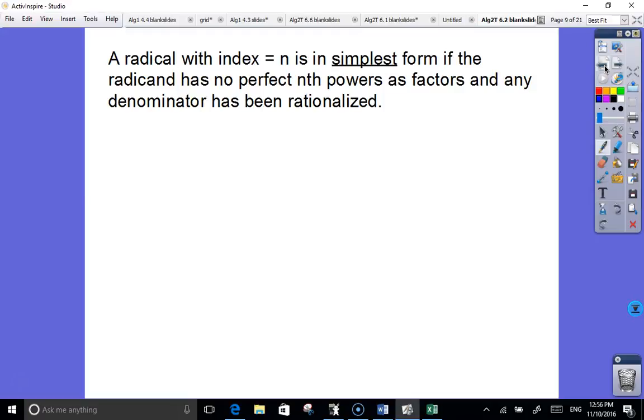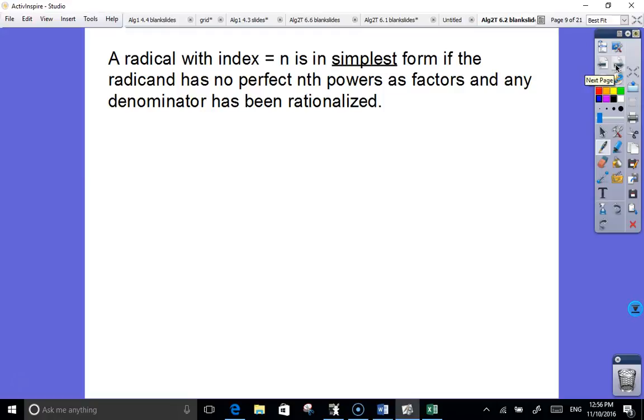Like if we were taking a cubed root, then you can't have a factor inside which is a perfect cube. You have to simplify that part of it. And the other thing is, if the denominator has a radical in it, you have to do something to rationalize the denominator. Right? We did this a little bit when we were dealing with square roots. Now it's a little bit different when you're dealing with nth roots. But I don't think you'll find it that hard to figure out.